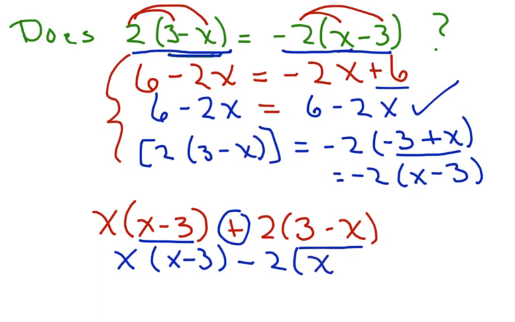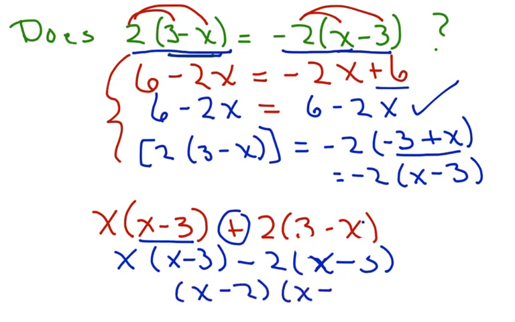So that's going to be x minus 3 here, because you know these two are equivalent. Now, we have two quantities that are the same, so we can just combine them like we did on the other pages. And you're done.